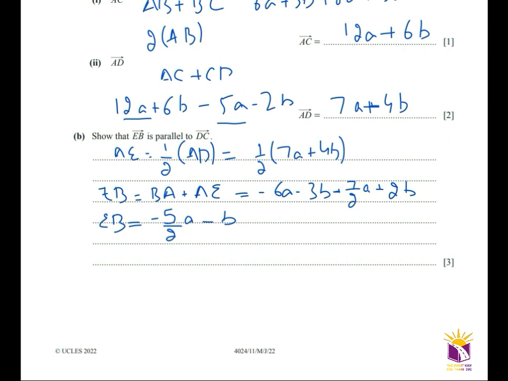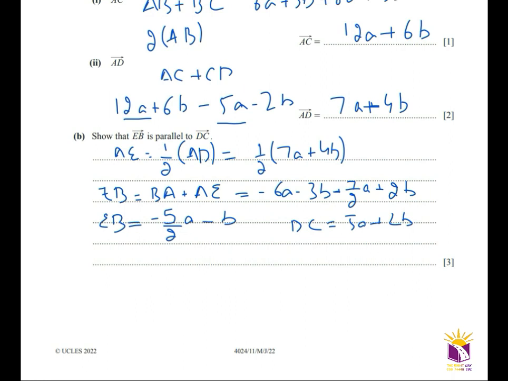Now, we have to compare EB and DC. What is DC? DC is equal to 5a plus 2b.